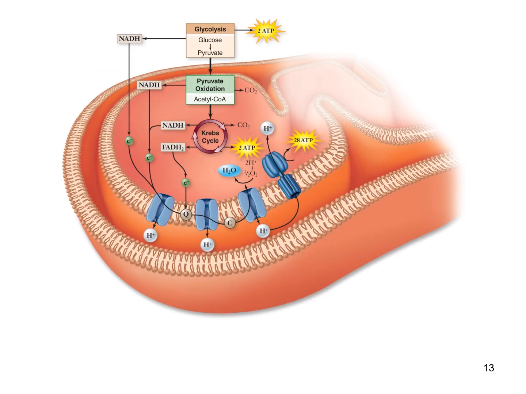Aerobic respiration consists of glycolysis, which is the conversion of glucose into 2 pyruvates; pyruvate oxidation, which is the conversion of pyruvate into acetyl-CoA; the Krebs cycle, which is the conversion of acetyl-CoA into carbon dioxide, NADH, FADH2, and ATP; and the electron transport chain and chemiosmosis, during which the reducing power of the coenzymes is transferred to proteins that set up a proton gradient used to produce a whole lot more ATP.